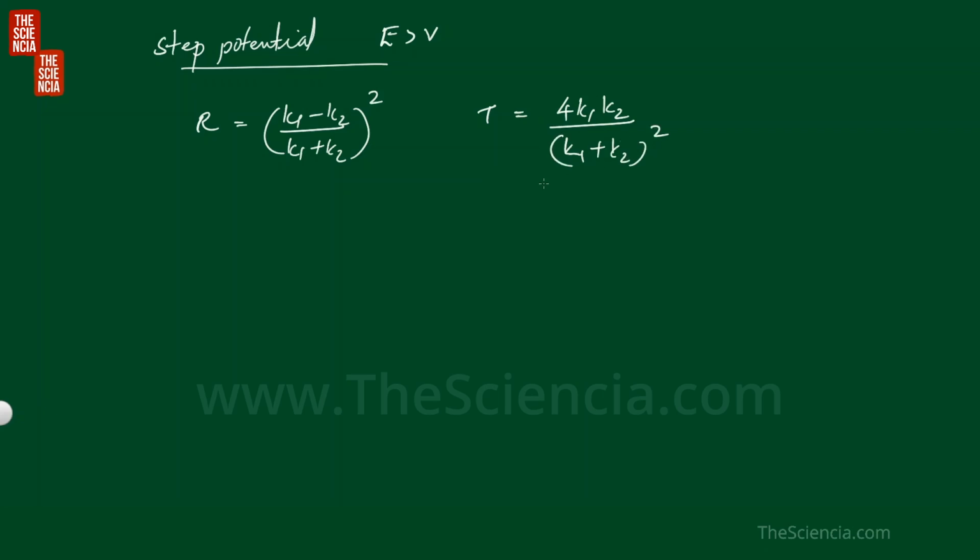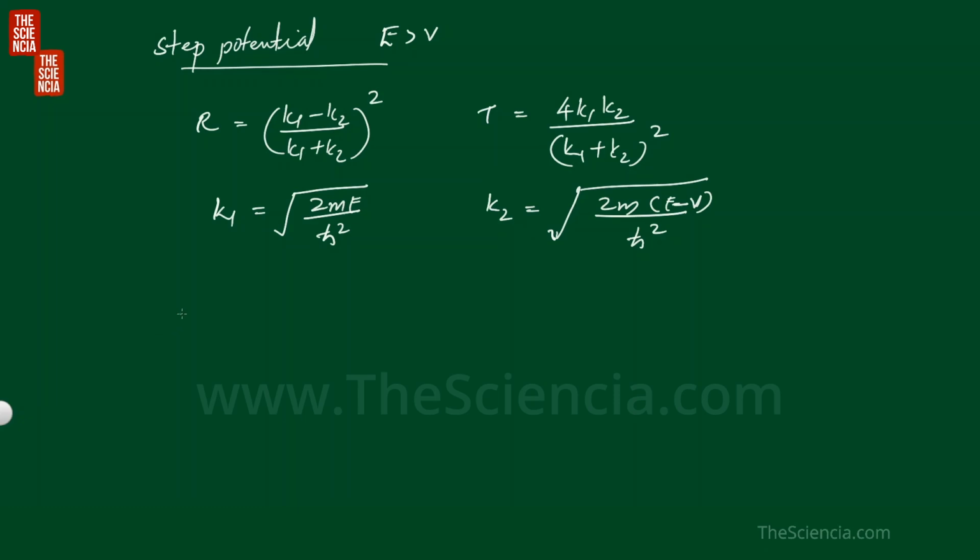When deriving this equation, we took k1 as root of 2mE by h cut square, and k2 as root of 2m into E minus V by h cut square. When solving the Schrodinger equation, we substituted 2mE by h cut square as k1 square and 2m into E minus V by h cut square as k2 square. Are you remembering? After this substitution only, we solved the second order differential equation. So now we are resubstituting these values of k1 and k2.